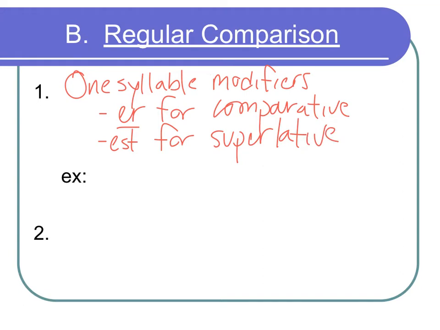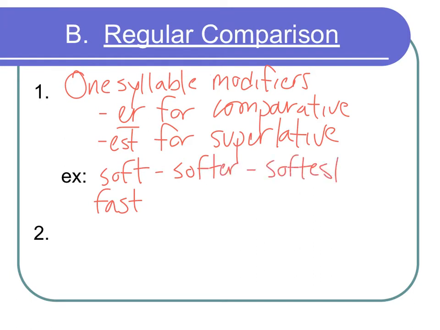Okay, so you take a word like soft, and then you take a word like fast. Okay, so it's going to be softer, softest, or you're going to say faster and fastest.